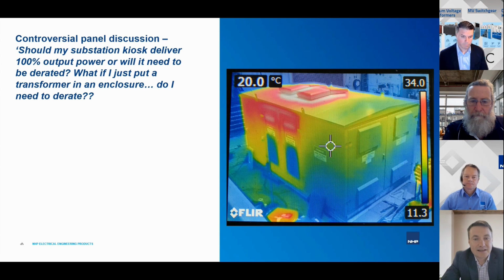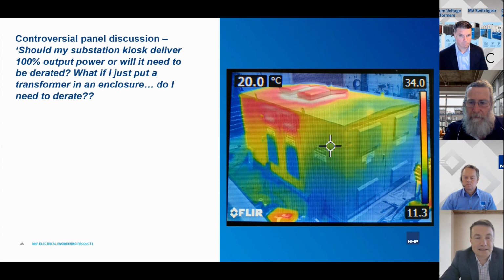But the important thing at the quotation stage is to ask the customer: what is the actual required output of their substation? Therefore, everyone is aware of what is required, and we can then offer a substation that will meet the requirements. And there are always possibilities, of course, to increase the rating of a particular substation by, for example, increasing the design temperature of the transformer to compensate for the temperature rise.